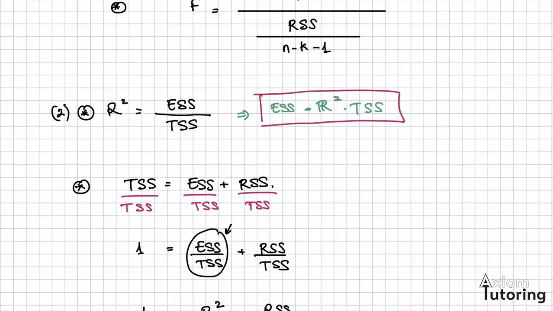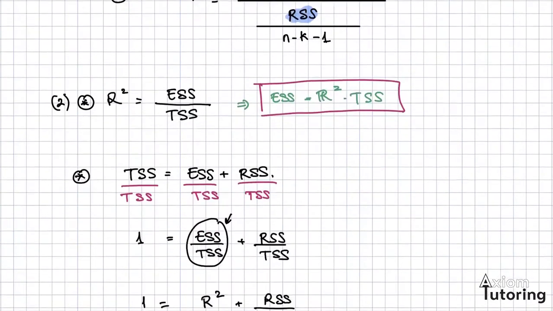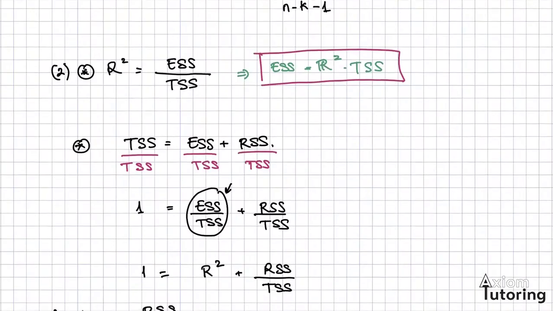So now that we have both elements of the F-test, meaning the ESS and the RSS, as functions of R squared, it means we can substitute them in and see how we can get to a formula that depends only on R squared instead. So keep in mind, using again this identity, that we could isolate from there an expression of the ESS and an expression of the RSS as a function of R squared and TSS.